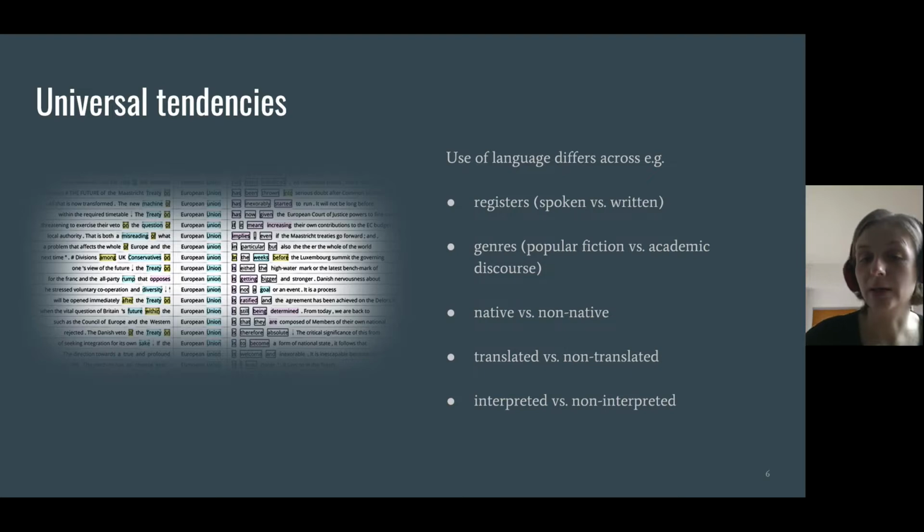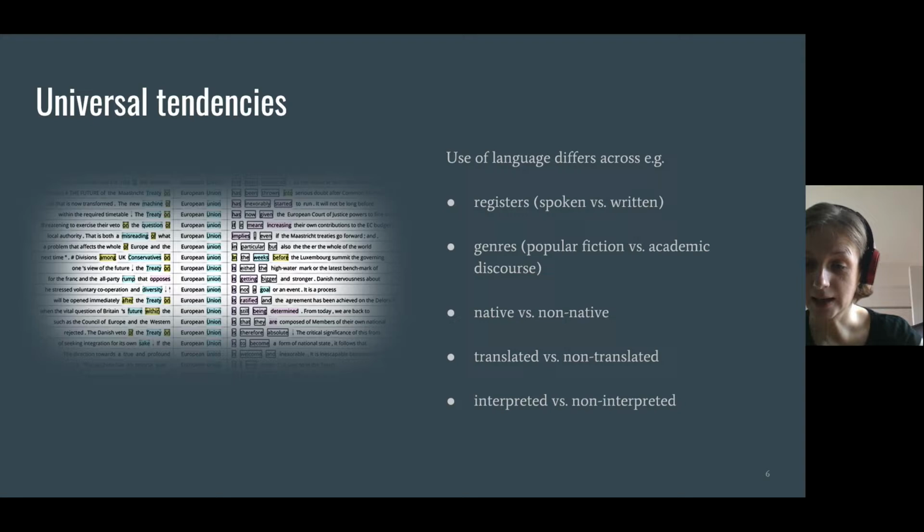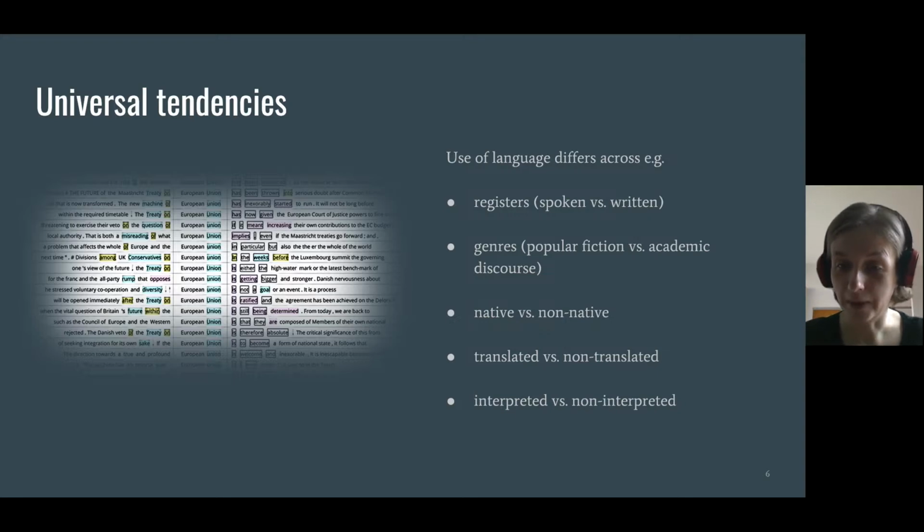So, as I said, we use language differently when we speak and when we write. Also, language is used differently across different genres. So when you read Harry Potter, it would read completely differently than an academic paper.